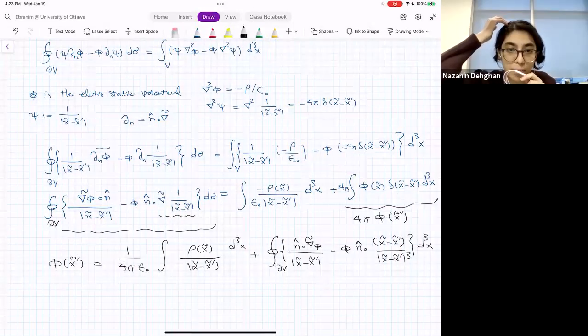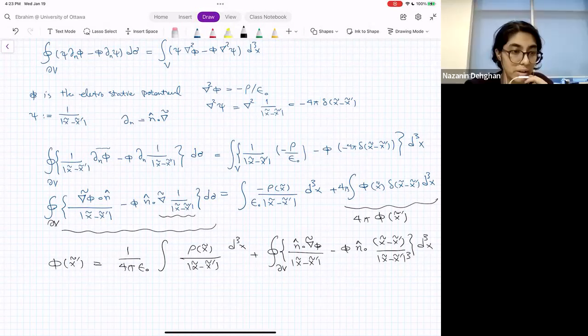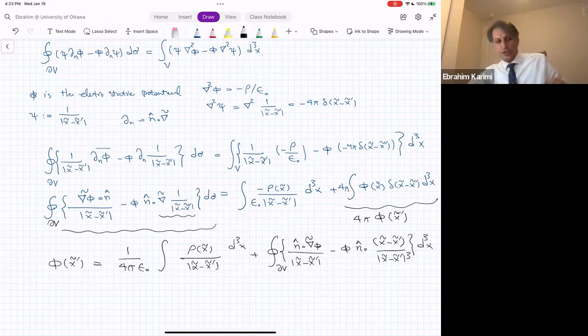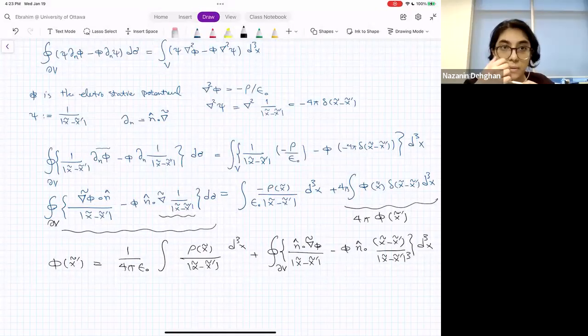Should there also be a minus sign? That is the gradient with respect to x. No, there should not be. Why? Because I remember that when we did the calculation, the gradient of 1 over |x minus x prime| was equal to minus x minus x prime over. No, that was a Laplacian. Okay, sorry. No worries.